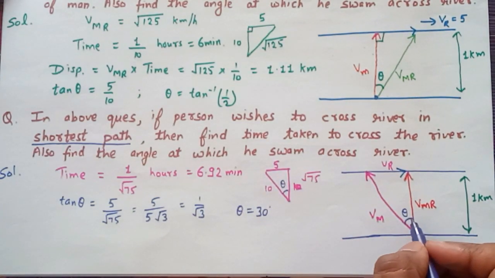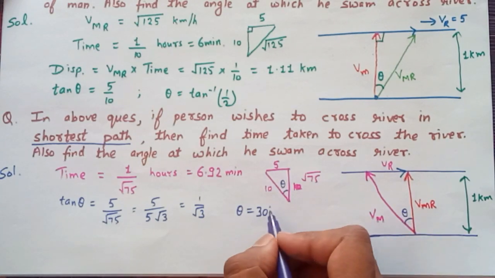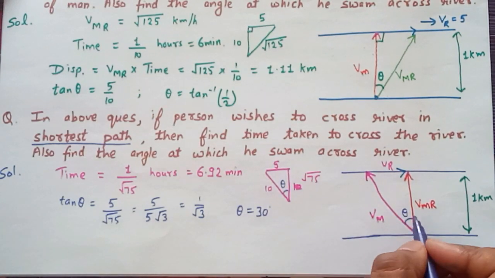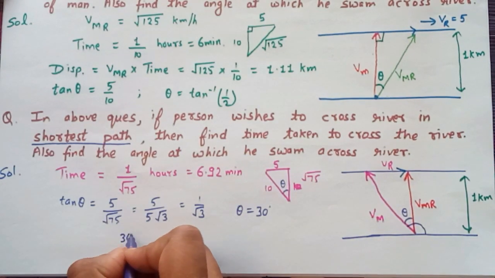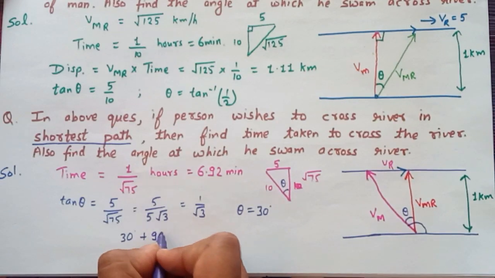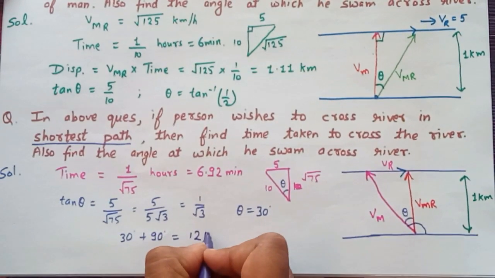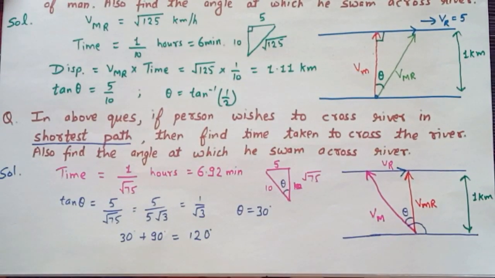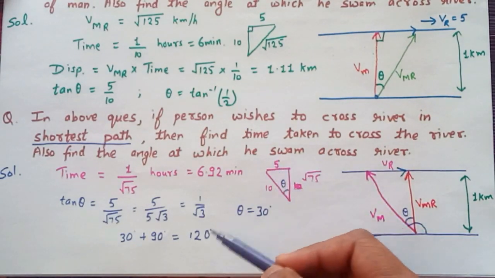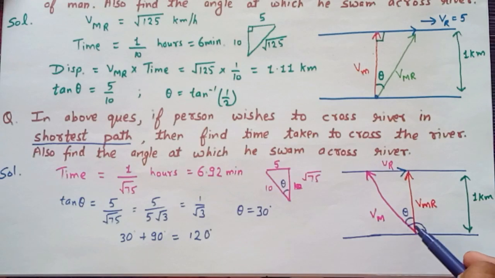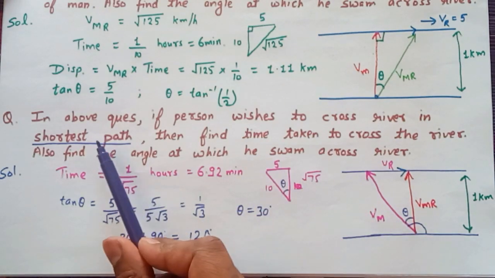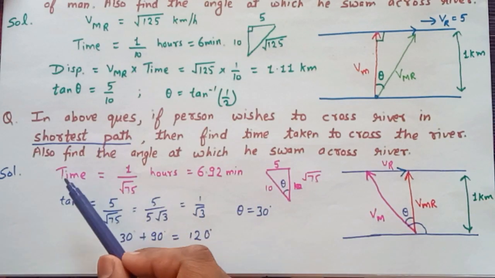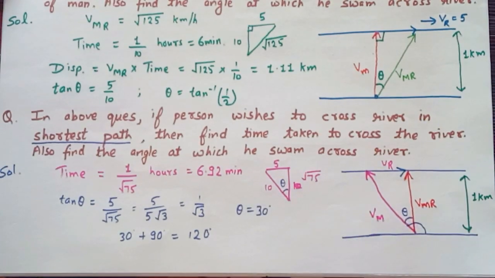So the man has to swim at an angle of 30 degrees with respect to the vertical, or I can say this whole angle will be 30 plus 90 degrees, that is 120 degrees across the horizontal. So the person has to swim making an angle of 120 degrees with the river, and if he has to cover the shortest path, then the time will be 6.92 minutes.